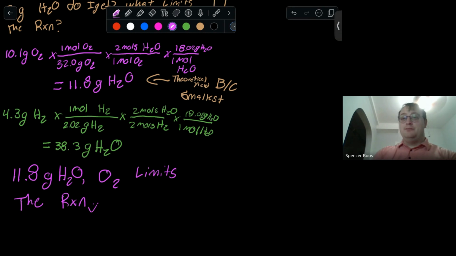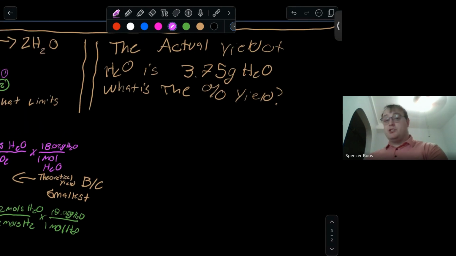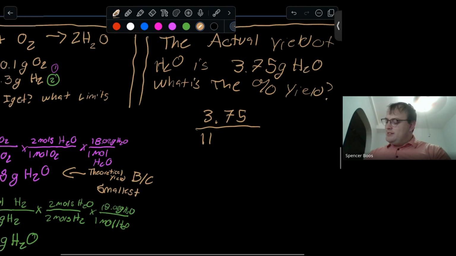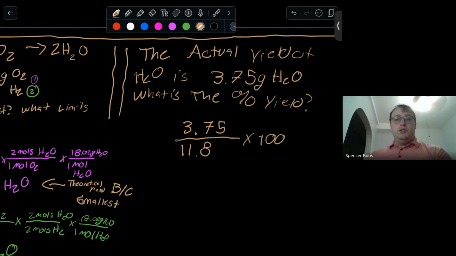You are correct. Now, let's say for this question, I guess technically example 10, if the actual yield was 3.75 grams, but you expected to get 11.8 grams, we just put this into our percent yield equation.